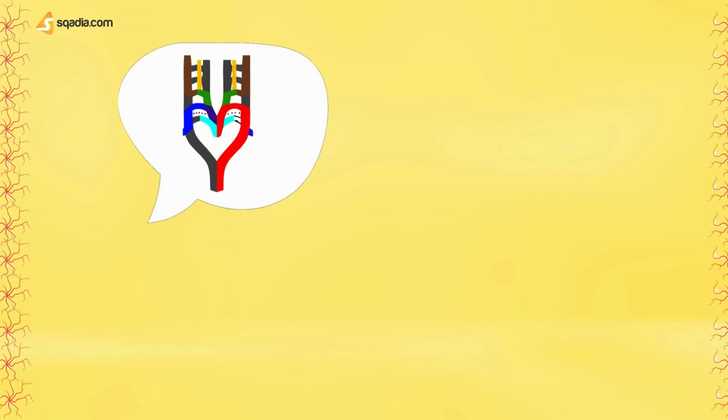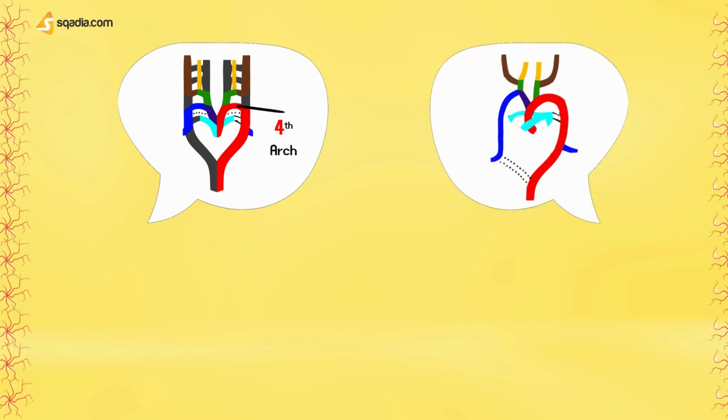Moving to the next mnemonic, for the fourth aortic arch. We know that aortic arch 4 of the right side becomes the right subclavian artery, and aortic arch 4 of the left side becomes the aortic arch.